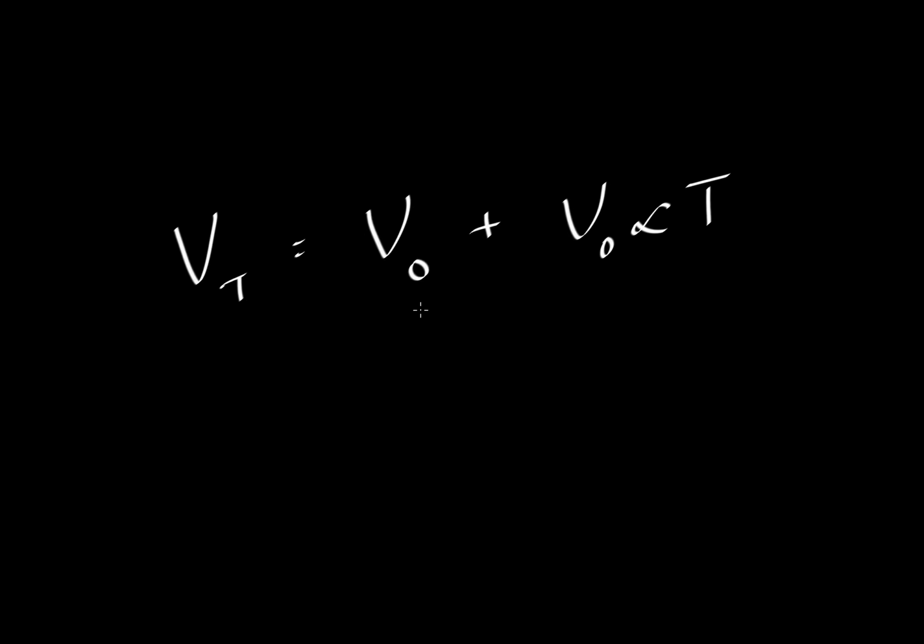So we take the initial volume and then we add the initial volume multiplied by some coefficient of thermal expansion and the temperature range, the temperature of increase or the temperature of decrease if we were to cool something and it were to get smaller. And that would give us the final volume, provided this alpha is constant. It's not always going to be constant, but for many applications, it's close enough to constant to solve a lot of practical problems in thermodynamics and geology.